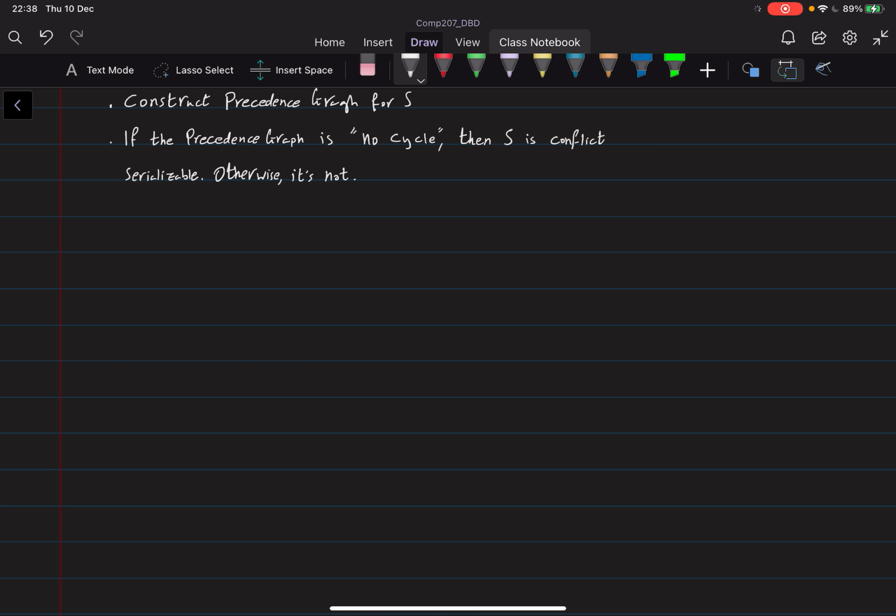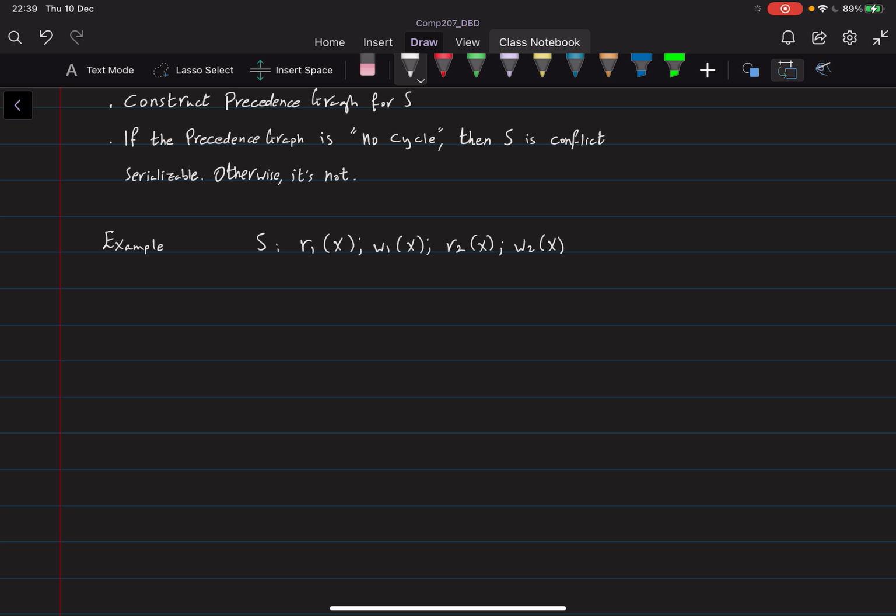Okay, so let's have example one, and let's have some schedule. Let's have R1 read X. Then let's have W1 on X, and also R2 on X. I'm aiming to have two transactions only.